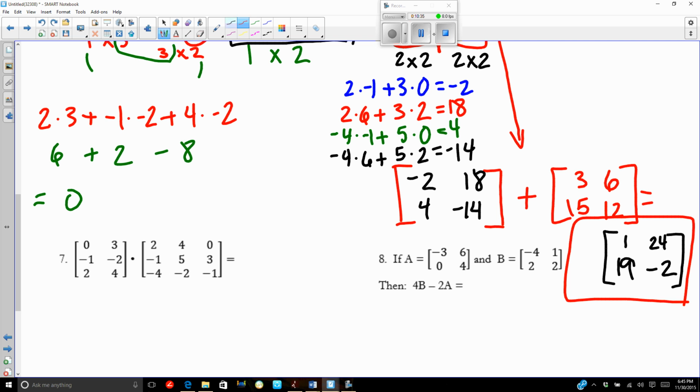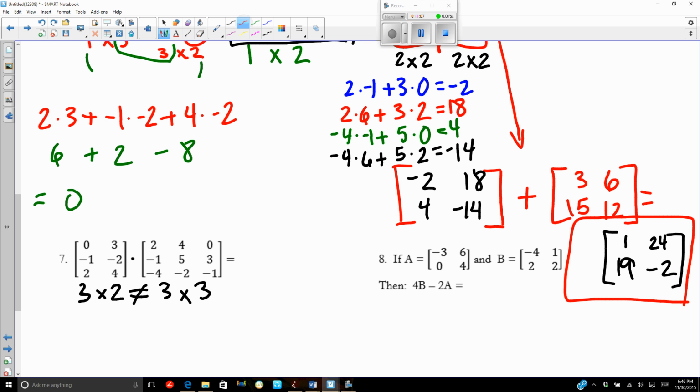All right, let's finish off with 7 and 8. 7 looks like it's a little bit of a longer problem. Again, a list of dimensions. This is a 3 rows, 2 column matrix. And we are multiplying it by a 3 matrix. So those inside numbers do not equal each other.